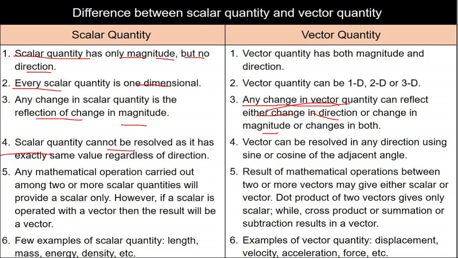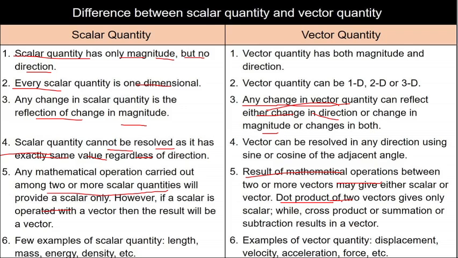Scalar quantity cannot be resolved as it has exactly value regardless of direction, but vector quantity can be resolved into several directions. So therefore, we also have any mathematical operation carried out among two or more scalar quantity provides scalar only results, but any operation on vectors can result either in scalar or vector quantity.